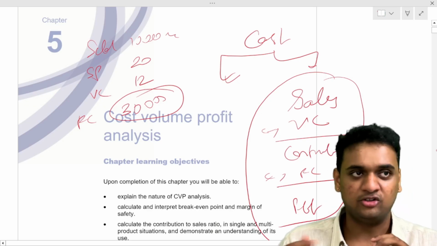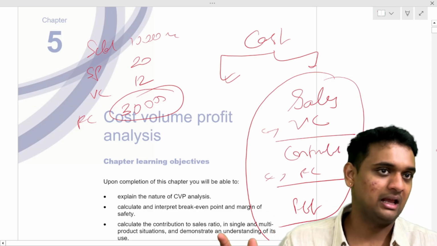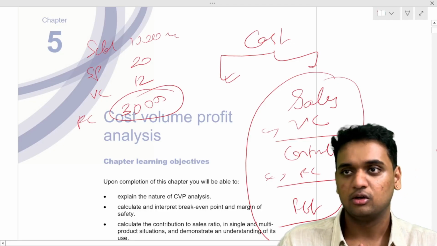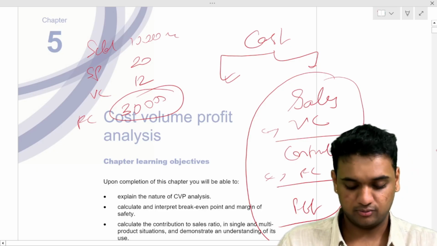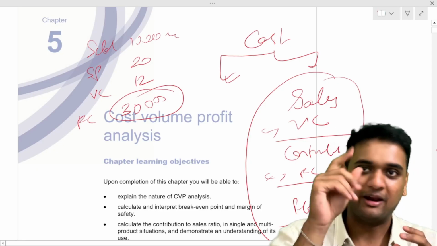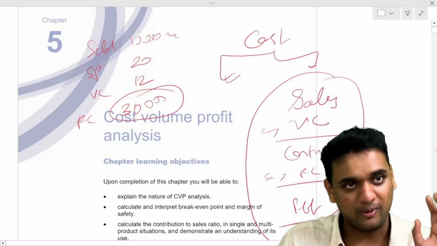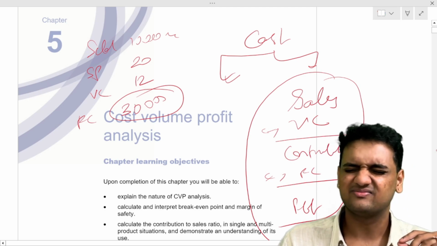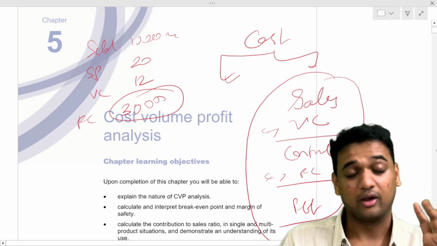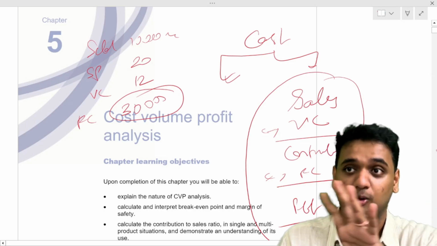My monthly fixed cost, salary, rent, everything, is 500 rupees. Okay, we'll assume our fixed cost to be 100 rupees.